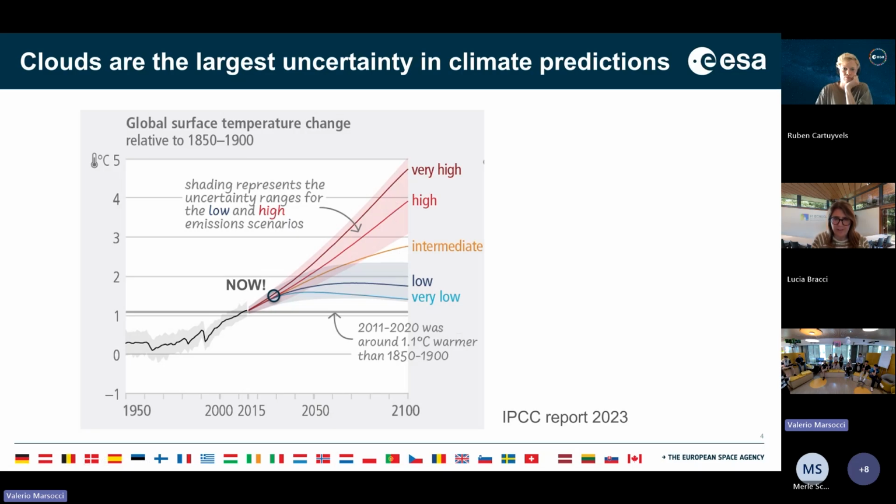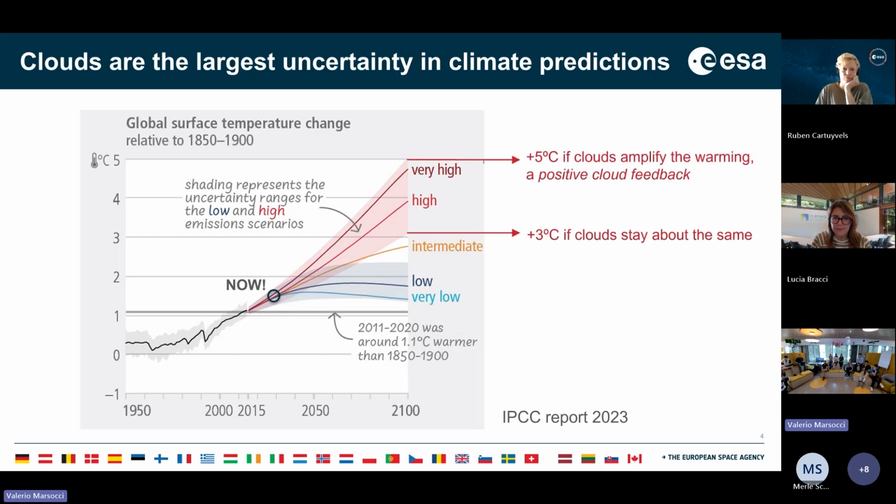And the uncertainty is quite large. The uncertainty actually comes mainly from clouds. Some models represent them differently than others, and we don't know exactly how clouds will change as we change our atmosphere. And this then has feedbacks on whether we will get more or less warming.